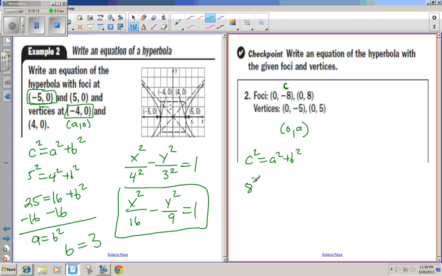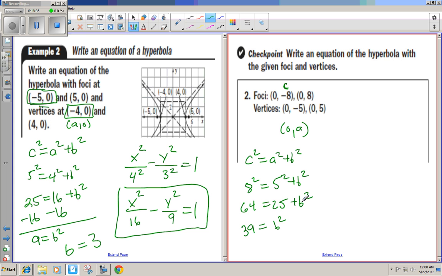That's 8 squared equals 5 squared plus b squared. That's 64 equals 25 plus b squared. Now I subtract 64 minus 25. Gives me 39.